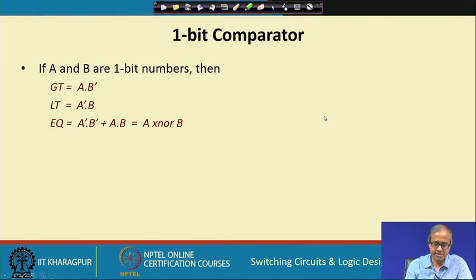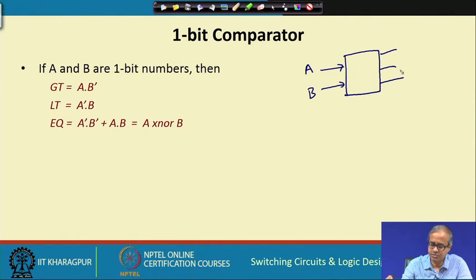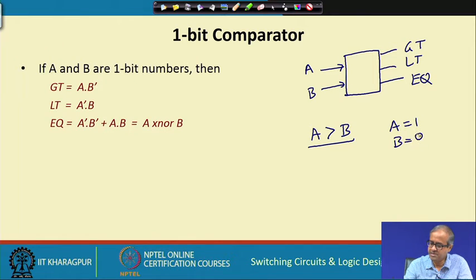Let us take a very simple scenario first, just a 1 bit comparator. I want to design a circuit where the two numbers A and B are single bit numbers, and I have my 3 outputs: greater than, less than and equal to. Now, obviously, A greater than B means what? For single bit numbers, A is 1 and B is 0, this is the only case.